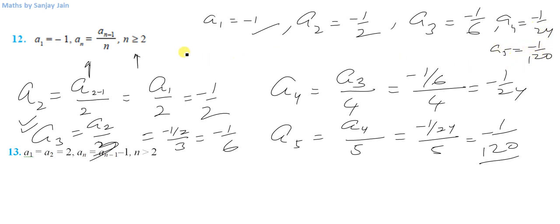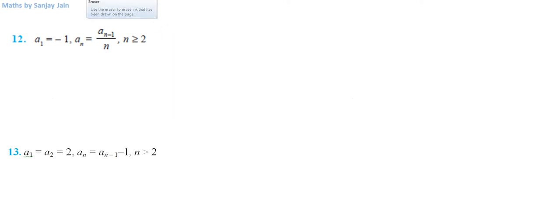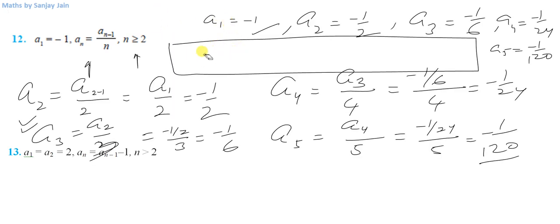So the corresponding series I am going to write here will be minus 1 plus, and I need not write the plus signs here because minus signs are also valid. I can write the corresponding series like this also: minus 1 by 6, minus 1 by 24, minus 1 by 120.